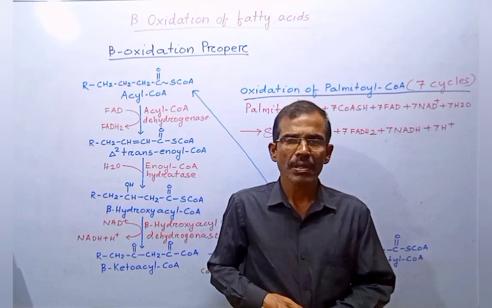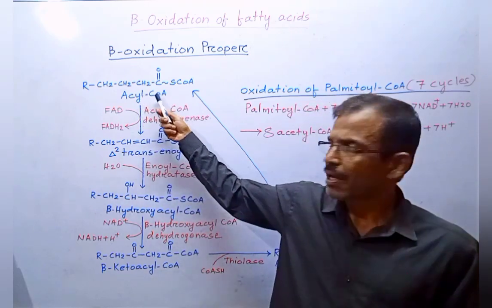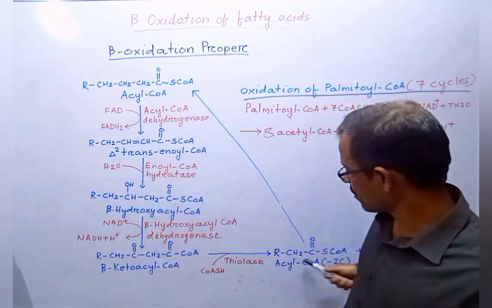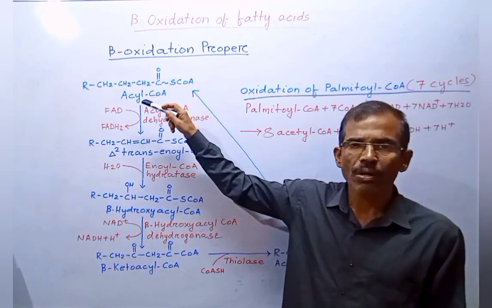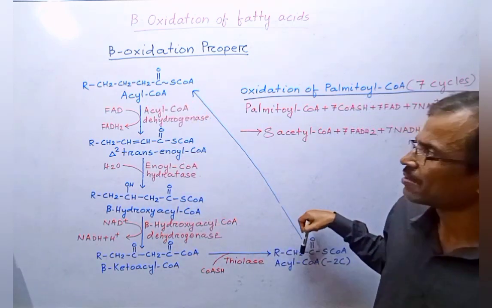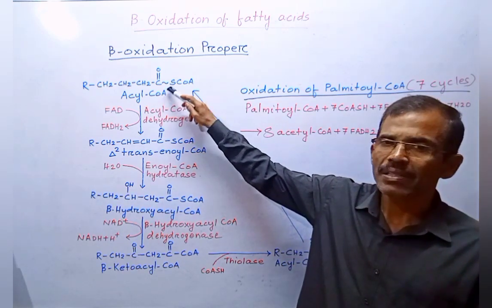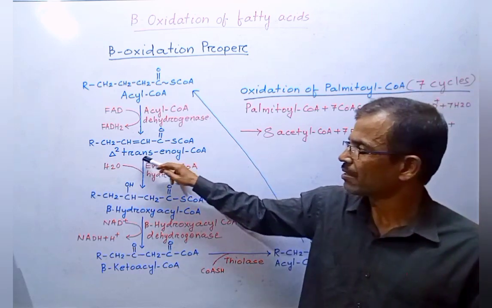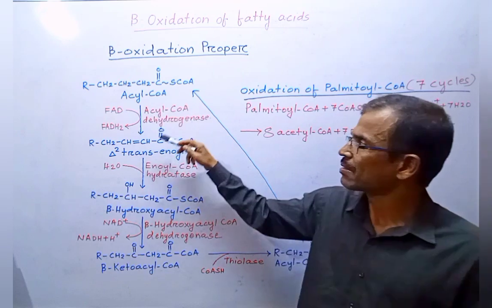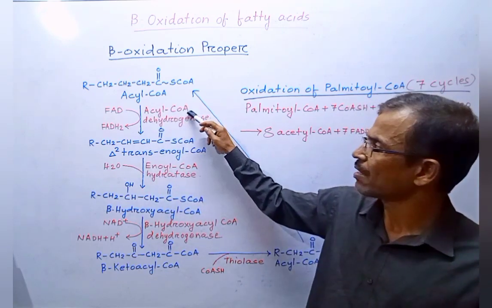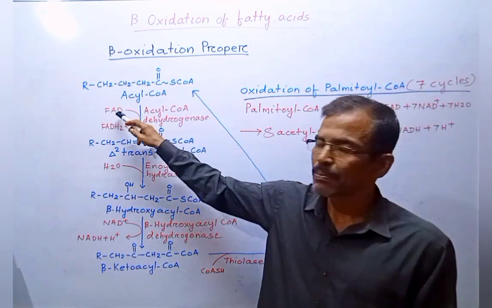After transport into the mitochondrial matrix, acyl coenzyme A is oxidized by beta oxidation proper, which consists of a sequence of 4 reaction steps. In the first step, acyl coenzyme A is oxidized to delta 2 trans-enoyl coenzyme A. This reaction is catalyzed by acyl coenzyme A dehydrogenase, which is FAD dependent.